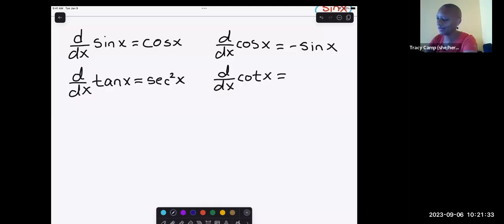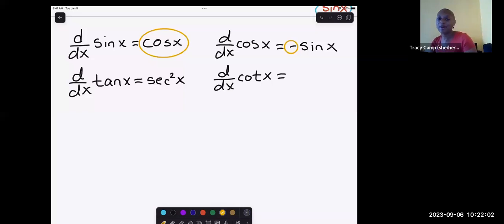The sign for the derivative of cosine ends up being negative, right? And then for its derivative, you have whatever this is without the co in front of it. So the derivative of sine is cosine, but the derivative of cosine is just negative sine without the co.